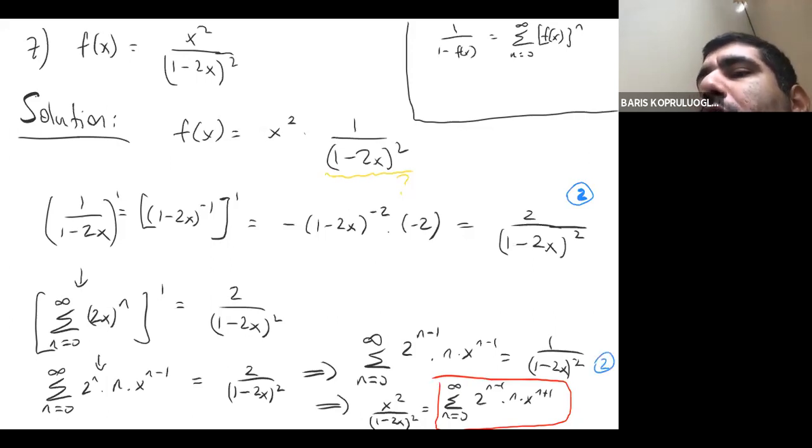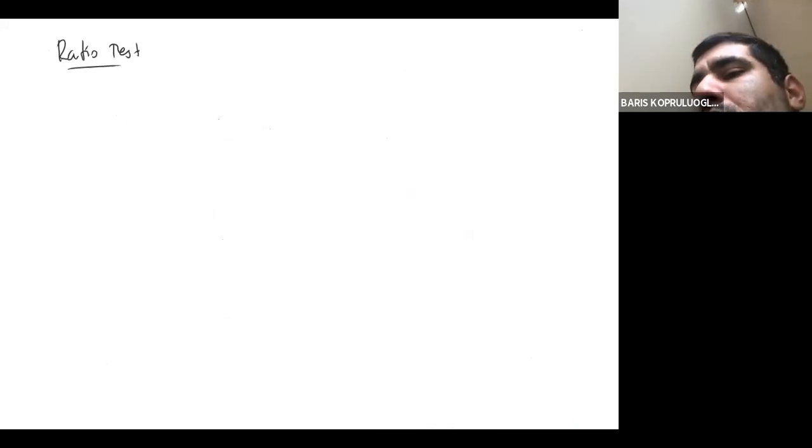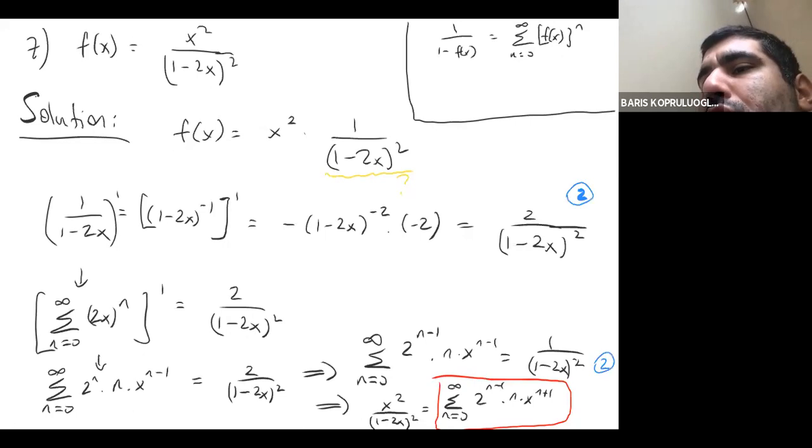And R, let's talk about R. I think you got to do the ratio test. So a n is 2 to the power of n minus 1 times n and x to the power of n plus 1.